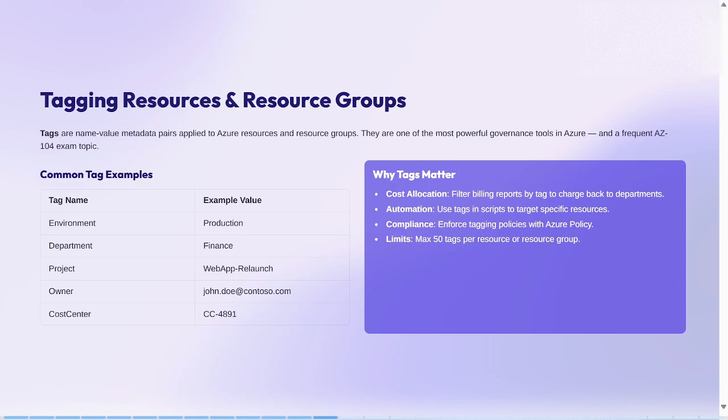Tags help solve these challenges. Common tag examples are environment equals production, department finance, project web app relaunch, owner, cost center. These are some examples of tags.